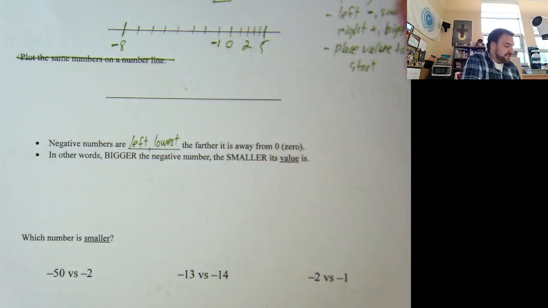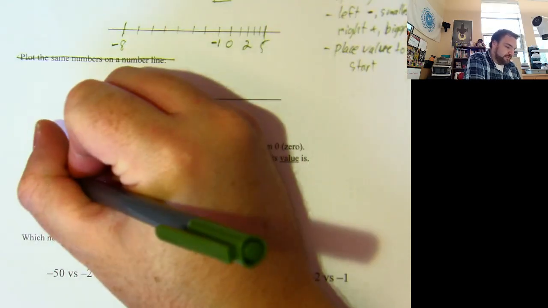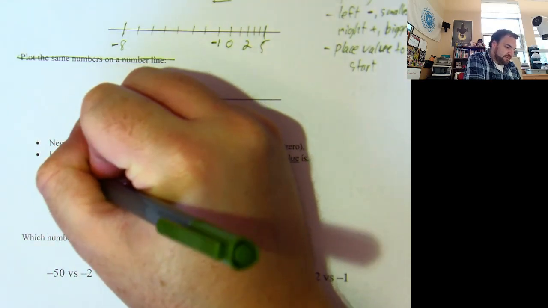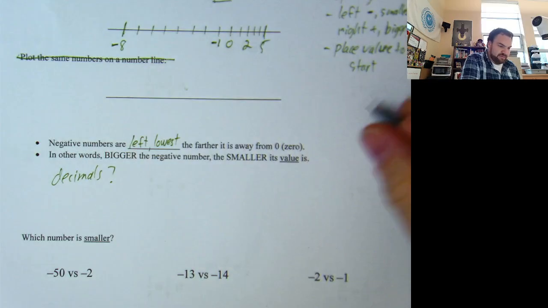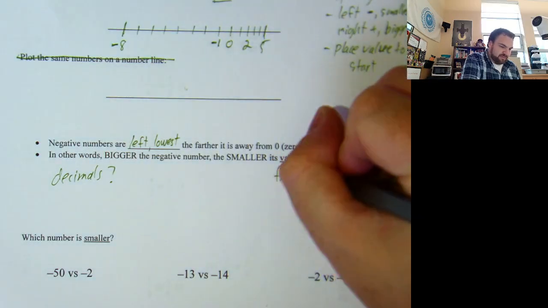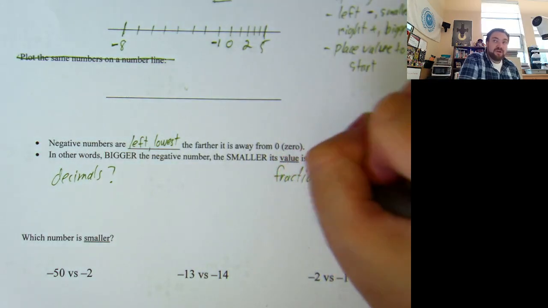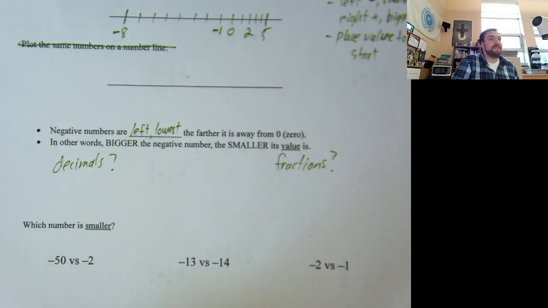What about fractions and decimals? How are we going to deal with these? Ordering decimals can get interesting. And this is usually where I find students get trapped. How do decimals play out?